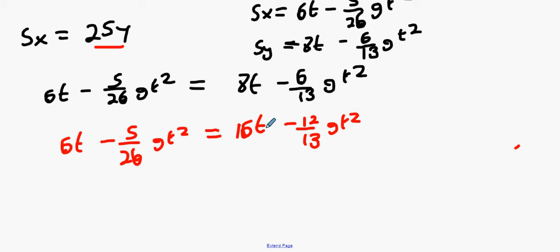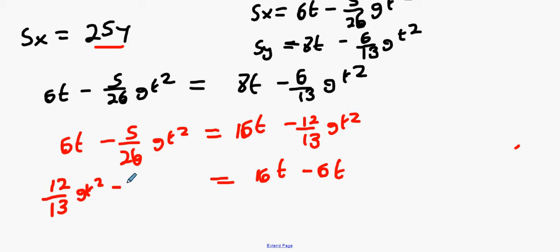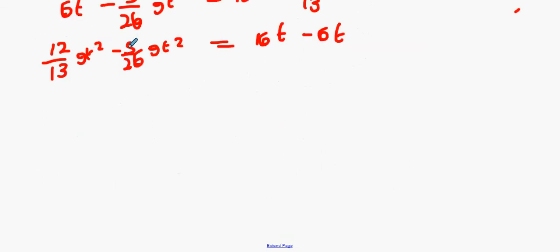Now, 16t take away 6t, and then we have 12 over 13 gt squared minus 5 over 26 gt squared, so it's 24 take away 5 is 19 gt squared over 26.